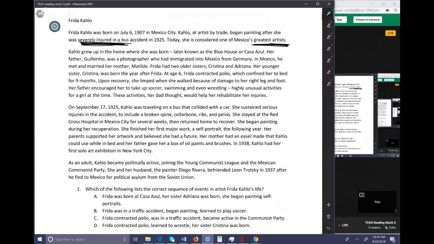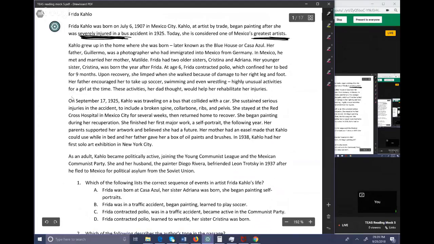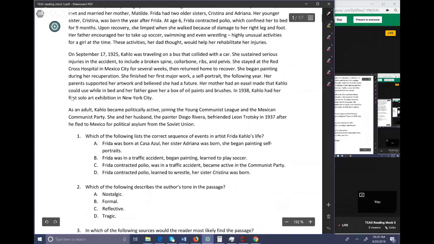But they do go back to the beginning. They talk about her being a kid, her siblings. Then they talk about her contracting polio, having to rehabilitate from that, then getting into an accident, then becoming a painter. And as an adult and a painter who had some influence in society, also becoming part of a political movement. So all of that was included in essentially a biography about her.